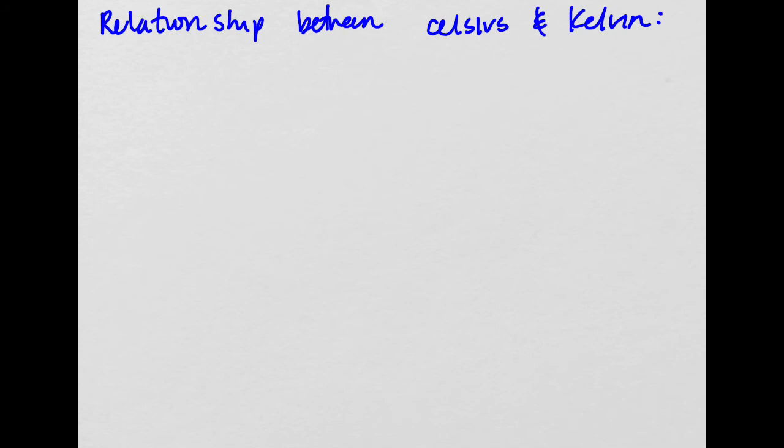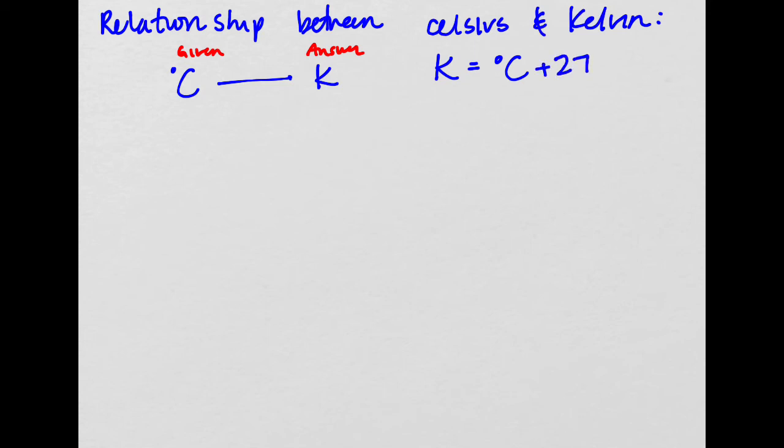So our relationship here is, if we're given Celsius and we want our answer to be in Kelvin, we are going to have an equation that says degrees Kelvin equals degrees Celsius, whatever we're given, plus 273 equals the temperature in Kelvin.